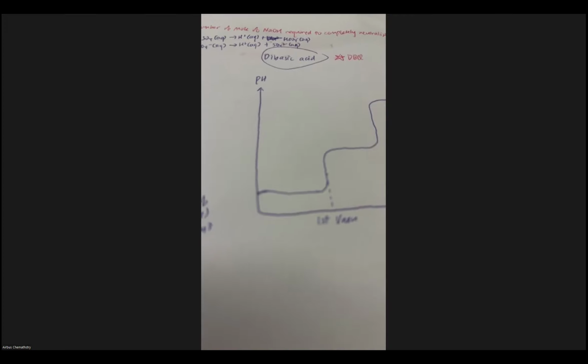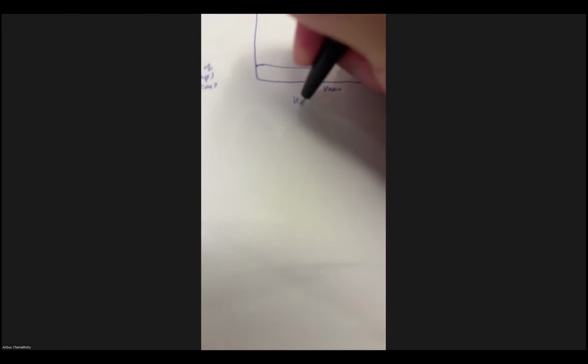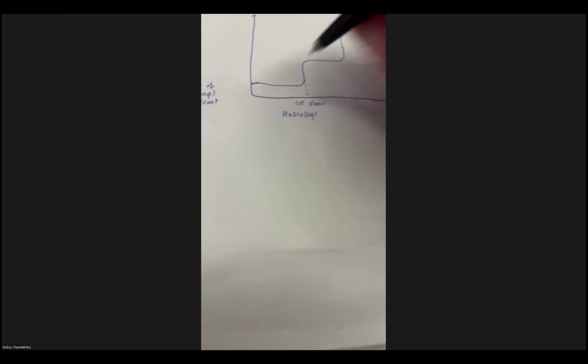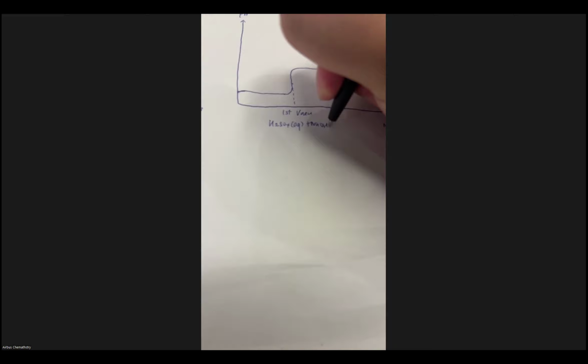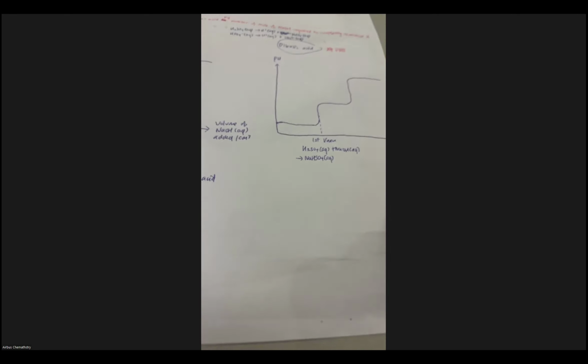So what is actually happening here is the first volume of neutralization, when 1 mole of NaOH reacts with 1 mole of dibasic acid. So H2SO4 aqueous plus 1 mole of NaOH aqueous gives you NaHSO4, sodium hydrogen sulfate, plus H2O liquid.